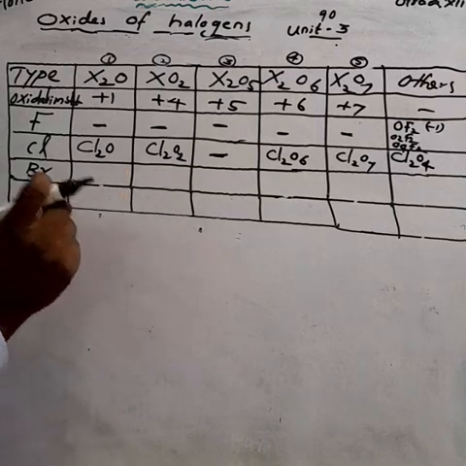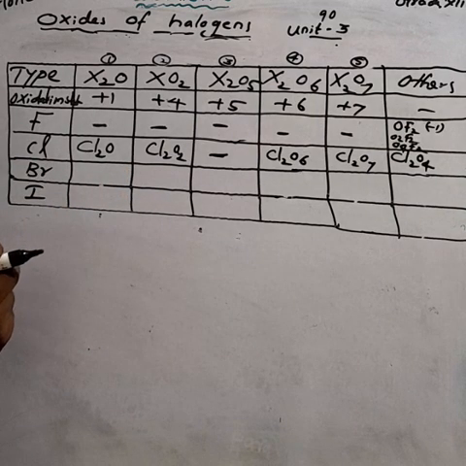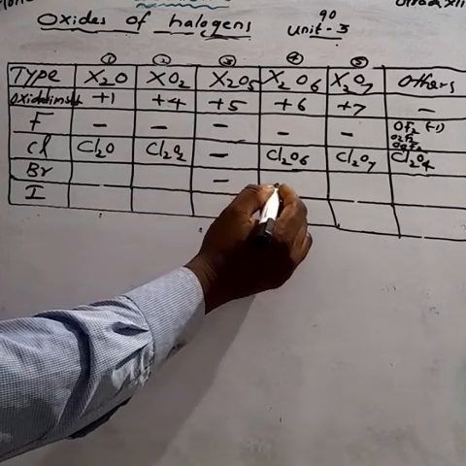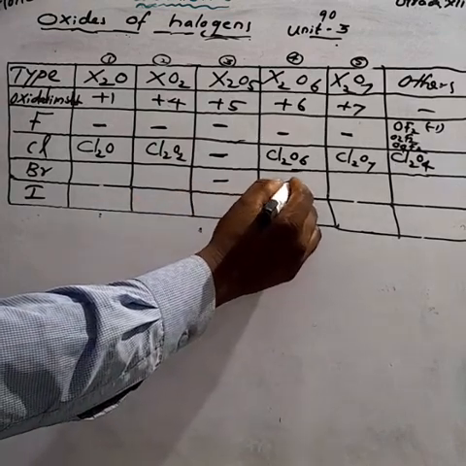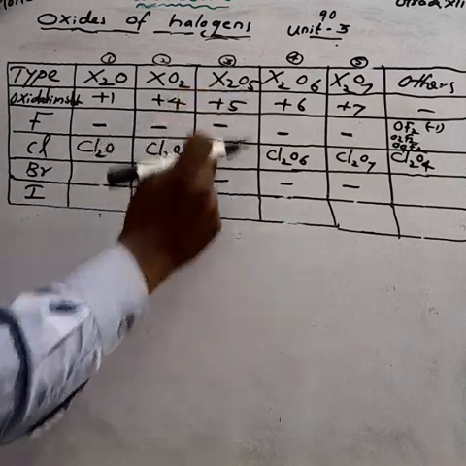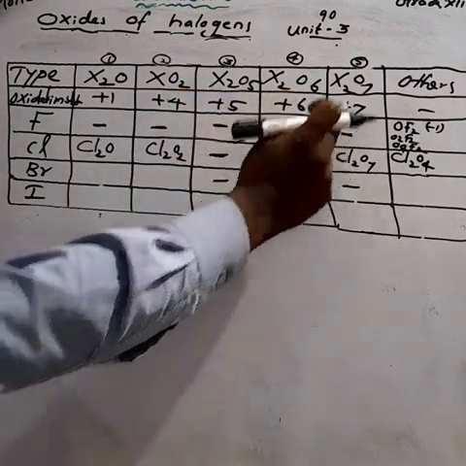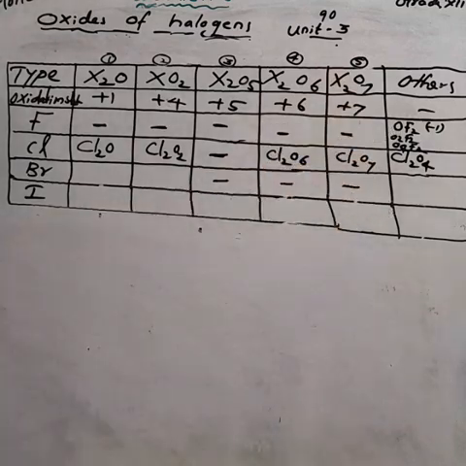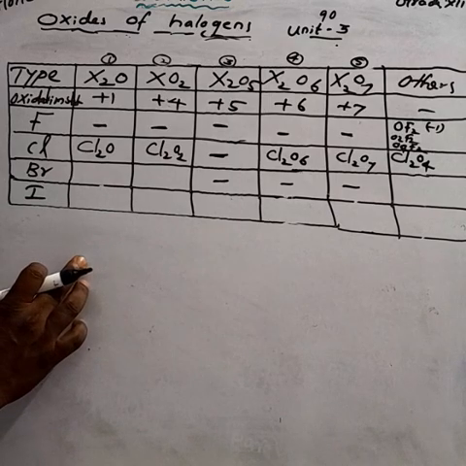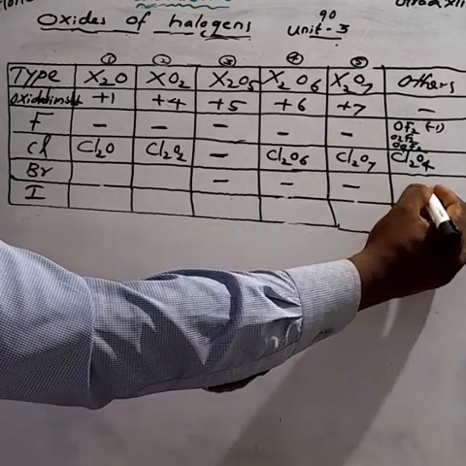But bromine cannot form the types X2O5, X2O6 and X2O7. Clear? Next, bromine cannot form other types also.